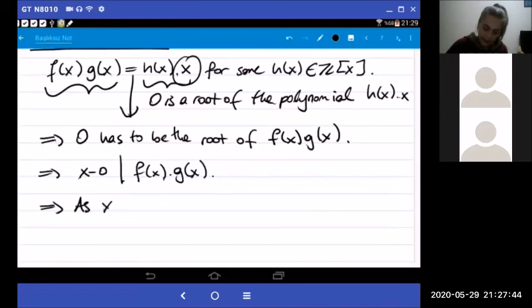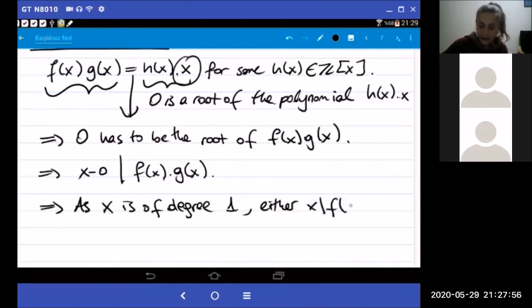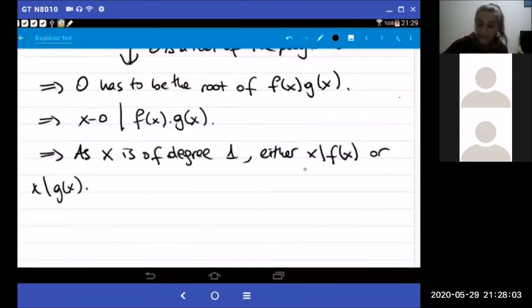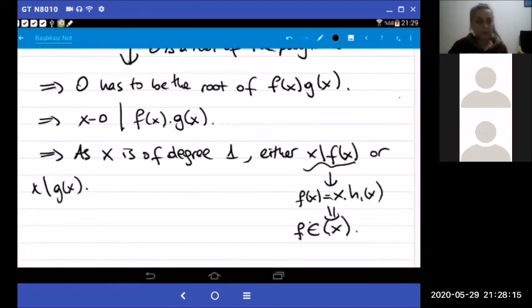As x is of degree 1, x divides f of x or x divides g of x. And x divides f of x means that f of x is equal to x times some h1 of x, and this means that f lies in the ideal generated by x because this is a multiple of the polynomial x.